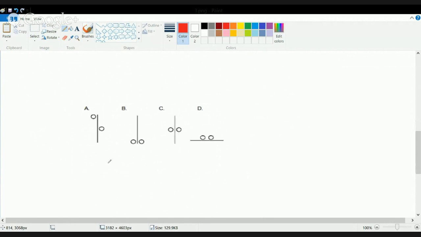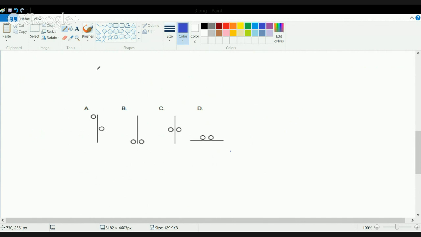Now let's move on to this question. This question seems very interesting and doubtful for most of the students. Here there are A, B, C and D. If we just see the lines, we will say A, B and C have vertical lines, only D has horizontal lines, so D is the odd man out. But that is not the only case, because we should look at this question in totality. So let's understand the location of circles.